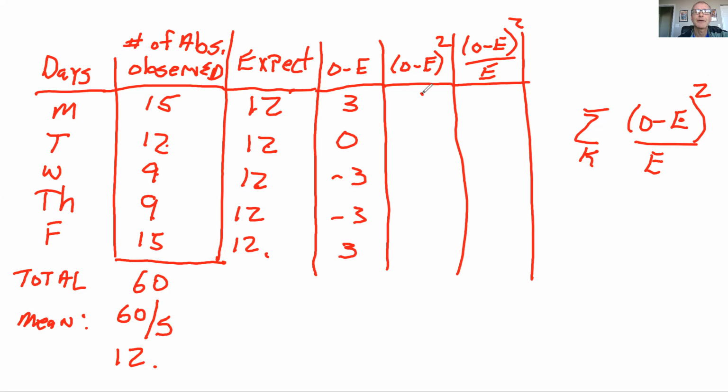So now we square. 3 squared is 9, 0, my favorite number. And so you see everything turns positive and everything ends up being 9 except for the Tuesday where it is 0. So then the next step is you take the expected value and divide it into that number.